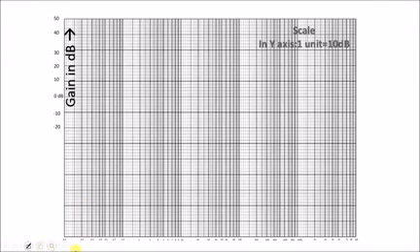Likewise I have drawn the scale. The scale depends upon you how to draw, because we have to see the table. According to the table values, we have to design the scale. Then I try to make two graphs in a sheet. So I have taken the upper half for the magnitude plot and the lower half for the phase plot.